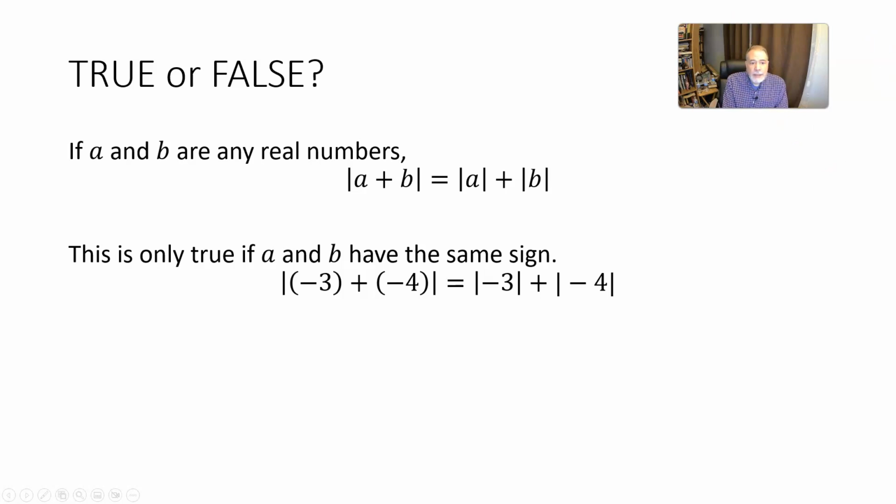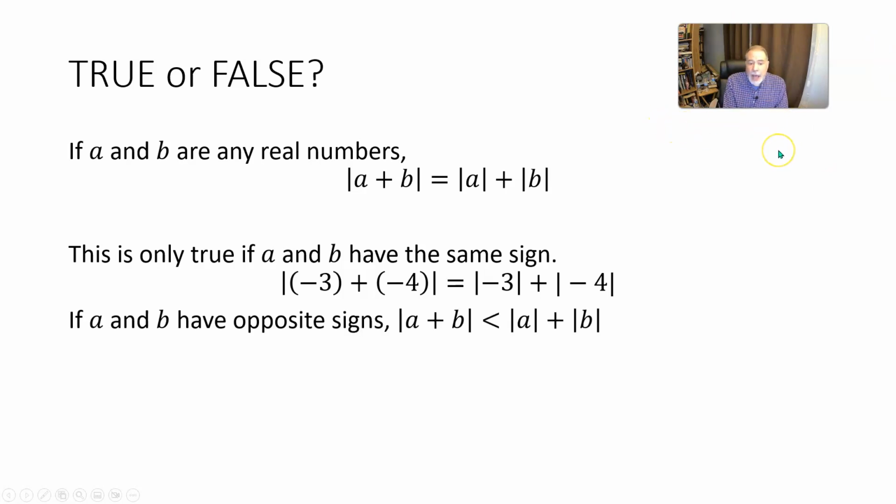But if they have opposite signs, the absolute value of A plus B is less than the absolute value of A plus the absolute value of B. So for example, if we have +3 and -4, if we add those together, we get -1, and then the absolute value of -1 would be 1.